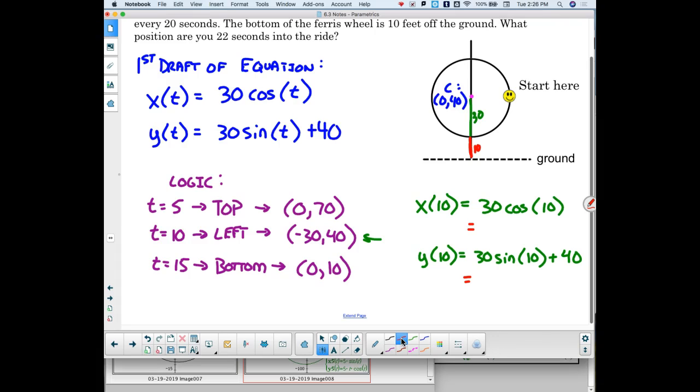I get 30 cosine of 10 as negative 25.1721, and I get y of 10 as 23.6794.